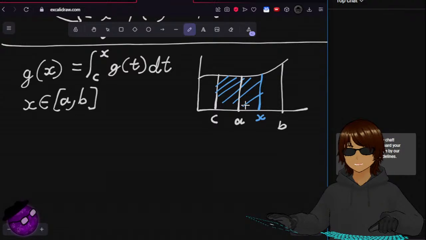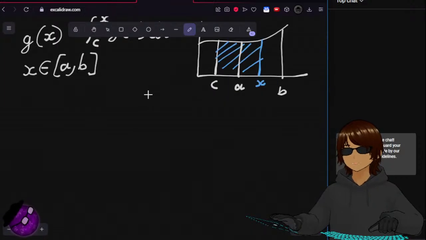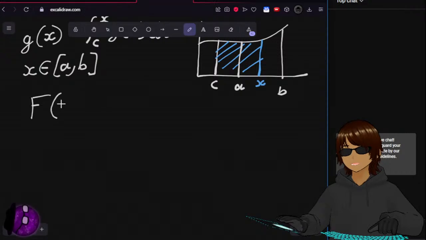Area from C to wherever x is, and then x is the variable. So the second fundamental, wait, I should also add that f of t, this over here is t.